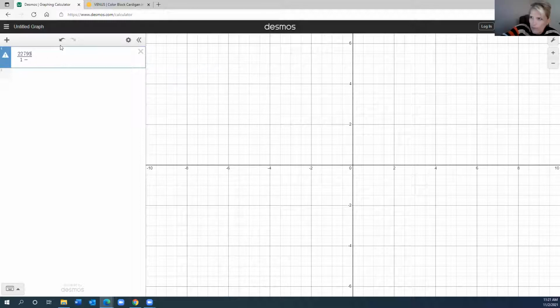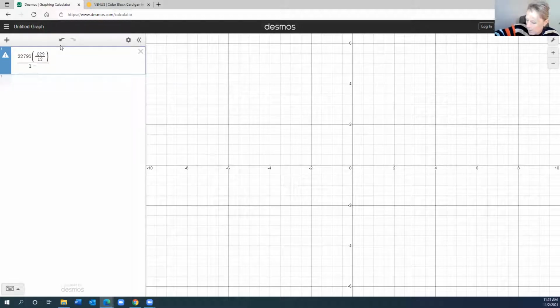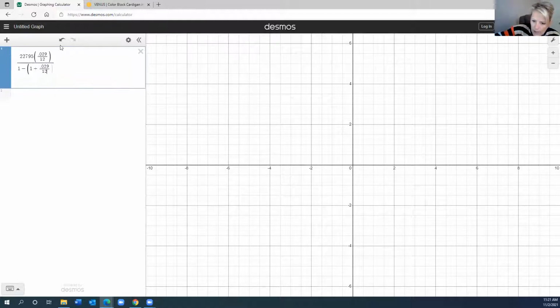So I want to have a parentheses here with 0.029 divided by 12. And then on bottom, I have 1 minus, and then a parentheses, 1 plus, and then my fraction. And then my exponent is a negative 60.